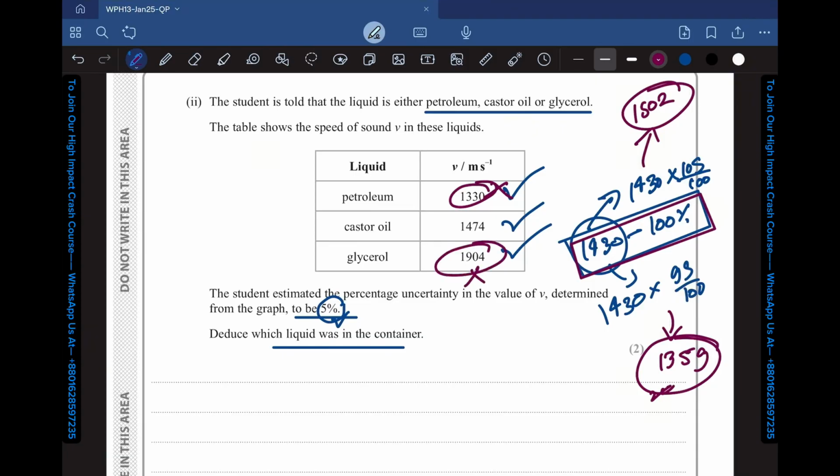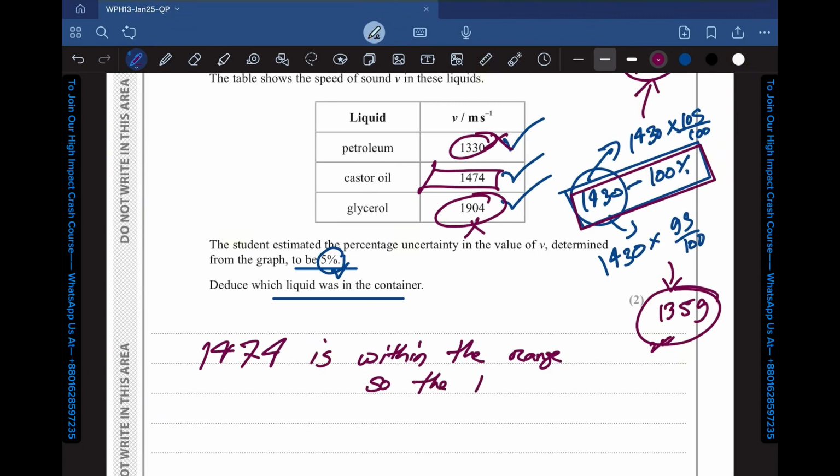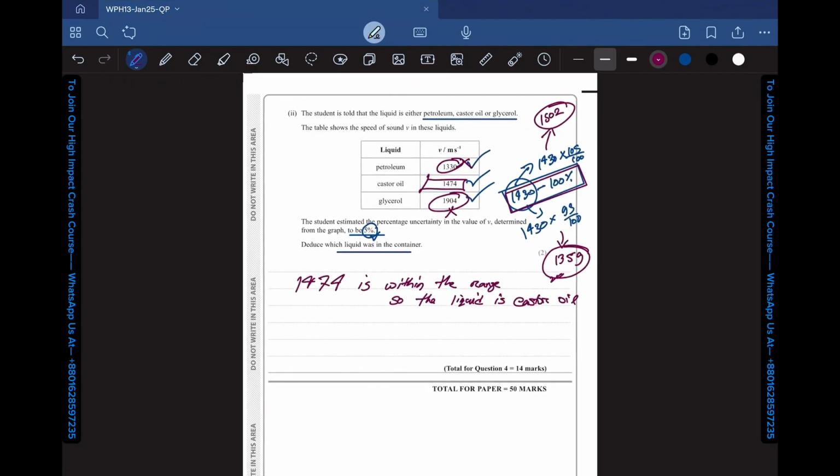So we can exclude both of them, and castor oil is actually the value. So we can say 1474 is within the range, so the liquid is castor oil. So basically that's how we are done with this whole paper.